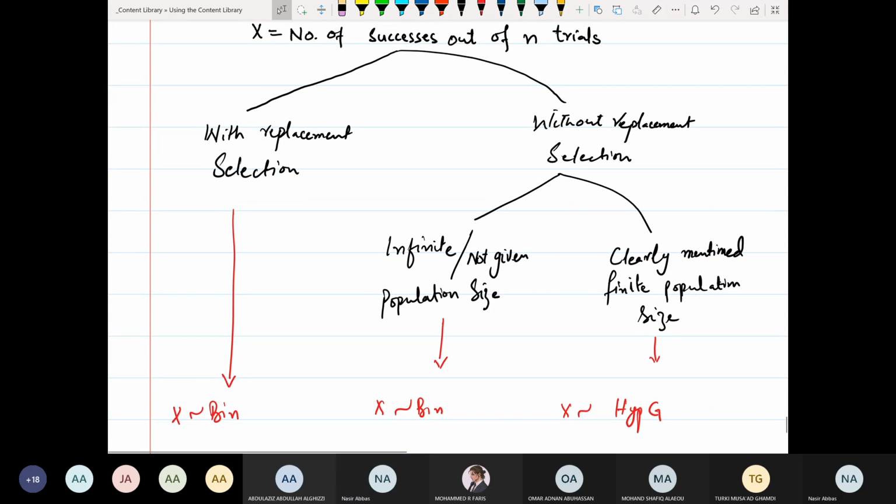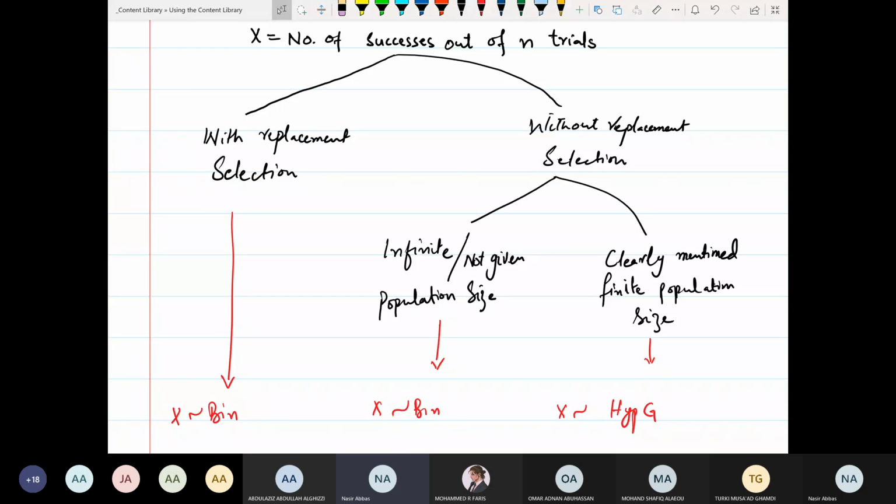Okay, this is what we have discussed in this chapter so far. Apart from the general case of random variable, this is what we have discussed.